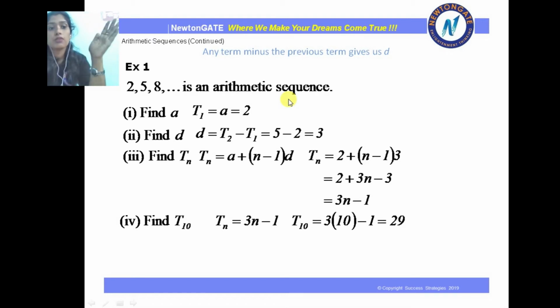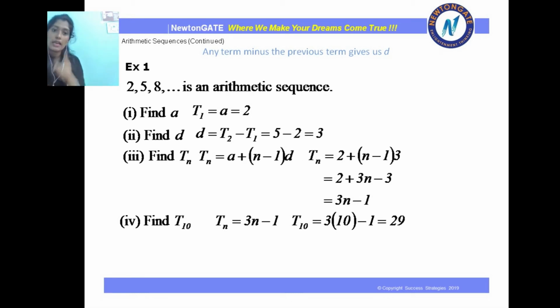Only the previous term. The later term is the first one and the previous one will be subtracted. Always. It doesn't matter if d is negative or positive. But what you have to remember is, in a sequence, you will always take the later number and subtract the number before it.